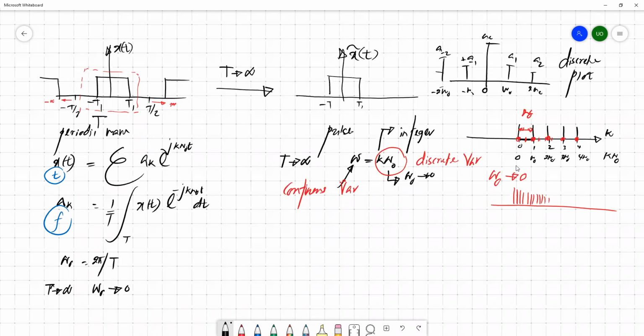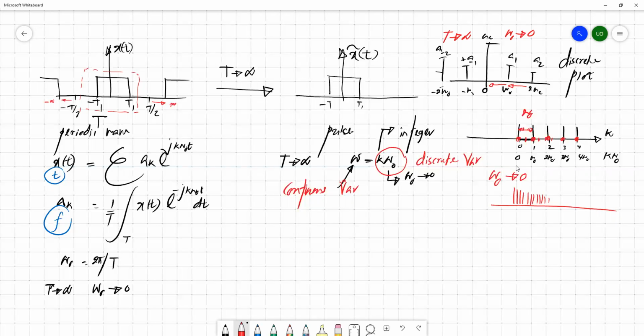This is the magnitude spectrum, and it's a discrete plot. So once we let this T be infinity, these omega naughts converge to 0. So this sample moves to this, and 2 omega naught is also close to 0.